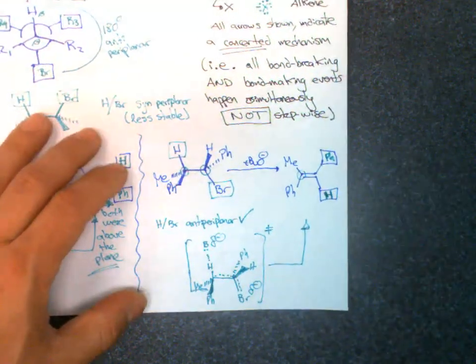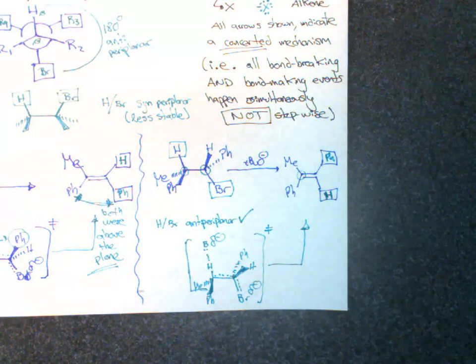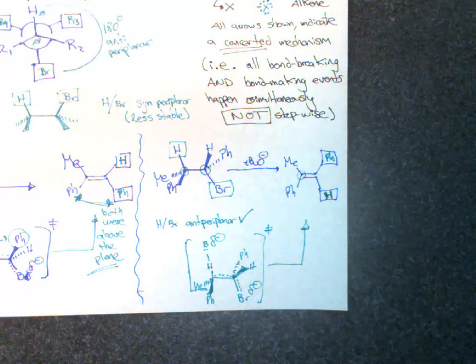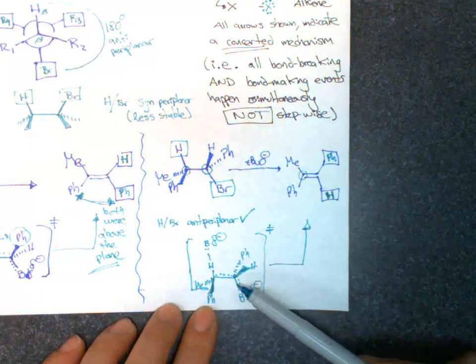Is that clear? Yeah? No, you have to arrange. So if you want to make an E2, you have to arrange the conformation to an anti-periplanar one. And let's remember, this is a conformation.